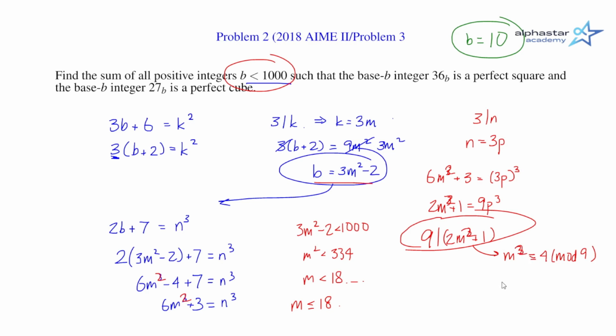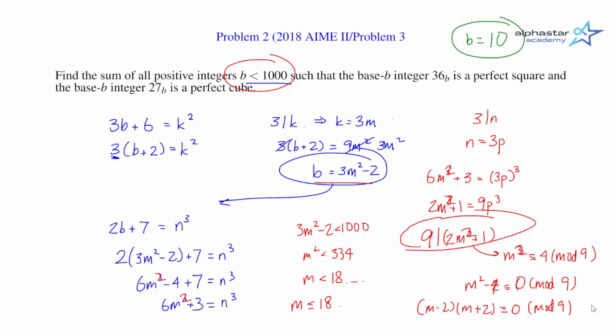If we write it like this, it becomes more obvious. We can also just check every single residue mod 9, which can give you more insight. So this tells you that (m minus 2) times (m plus 2) is 0 mod 9. Now m minus 2 and m plus 2 are two numbers that differ by 4, so they can't both be multiples of 3. So the only possibility is that one of them is a multiple of 9.